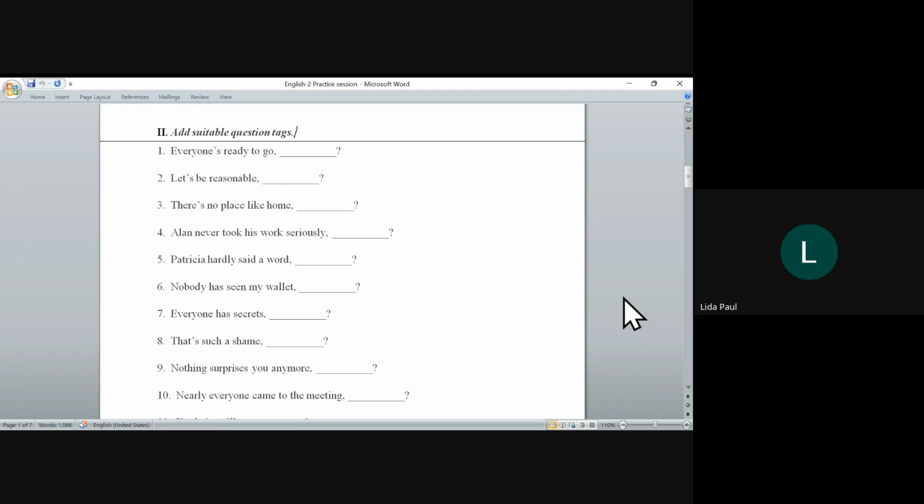So isn't it? Okay, in this case also you will say "isn't it". The actual rule would tell you to use "isn't that", right? But we know that this is not something that is used commonly. Hence, "isn't it" is what we use in most of the situations. You can say "isn't it" for this one as well. That's such a shame, isn't it? Okay, we're not changing the verb here. We're using "is", and as per the rule, we are changing that to "is not" in the negative form.